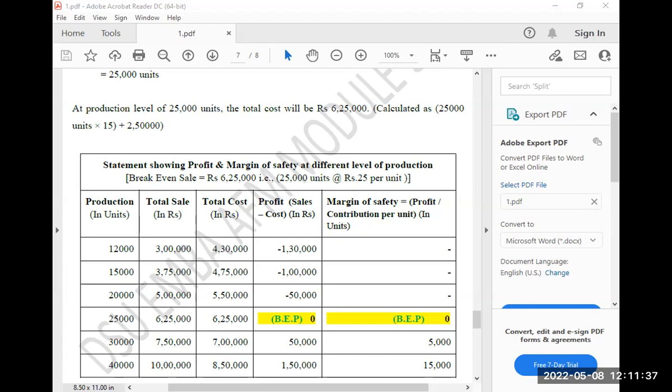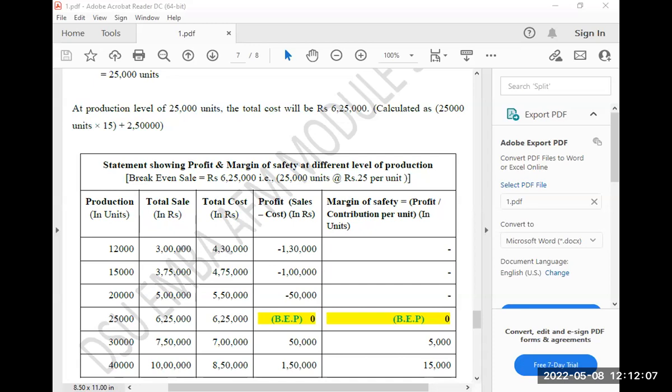Now you tell me what is the selling price. We already have contribution per unit, that is 5.25 is equal to SP minus 15. Variable cost is 15, right? So selling price would be equal to 5.25 plus variable cost, that is 20.25.